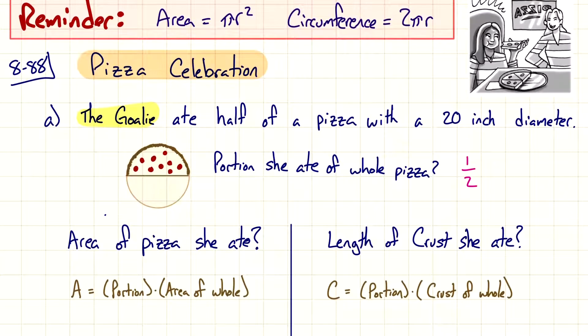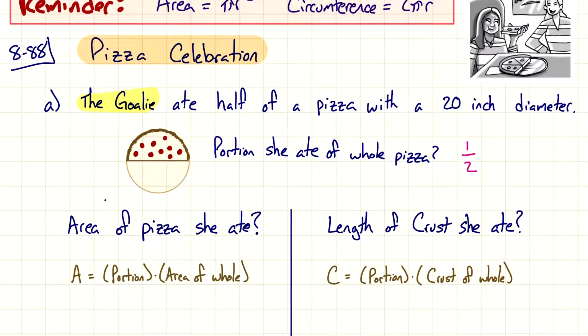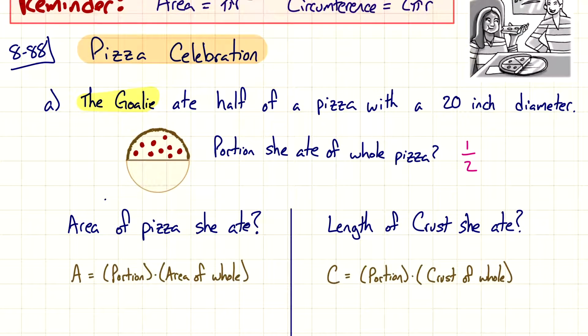Now, if I want to know what was the area of the pizza she ate, right? So if we think of this slice, if she actually had a big slice, we don't want to find the area of the whole circle, right? Because she only ate half of it, or maybe the other half, the piece that's missing.